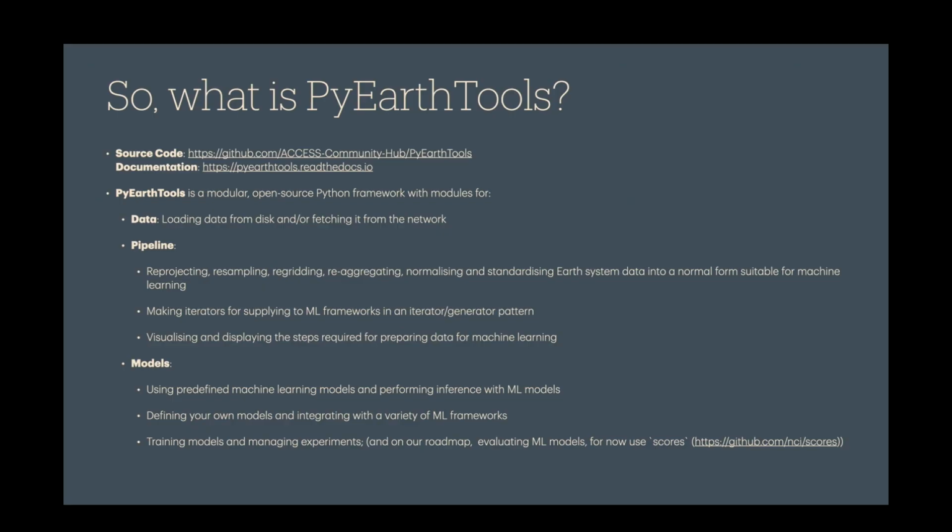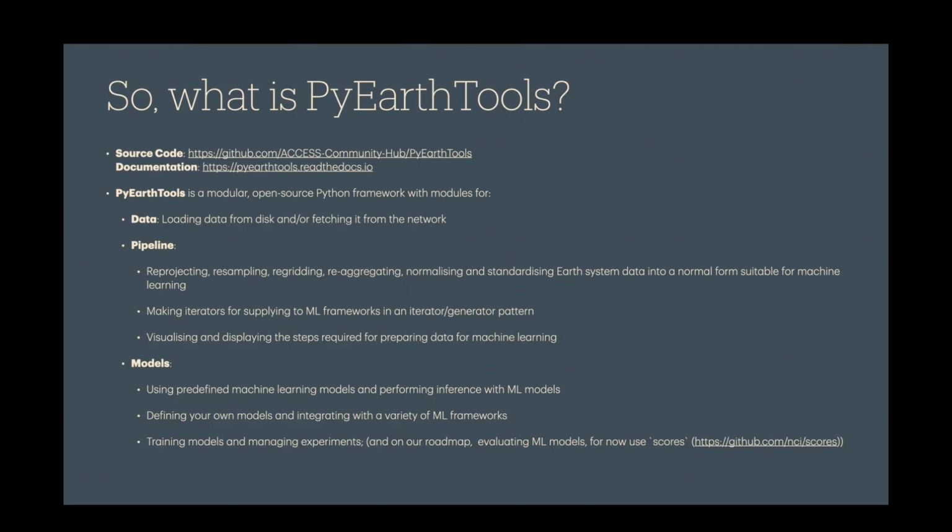So examples of what's in the pipeline: reprojecting, resampling, regridding, reaggregating, normalizing, denormalizing, standardizing, adding, converting units, and a great many things. And all of that ultimately turning itself into a fairly basic data structure, being a Python iterable, and then that then proceeds to the models.